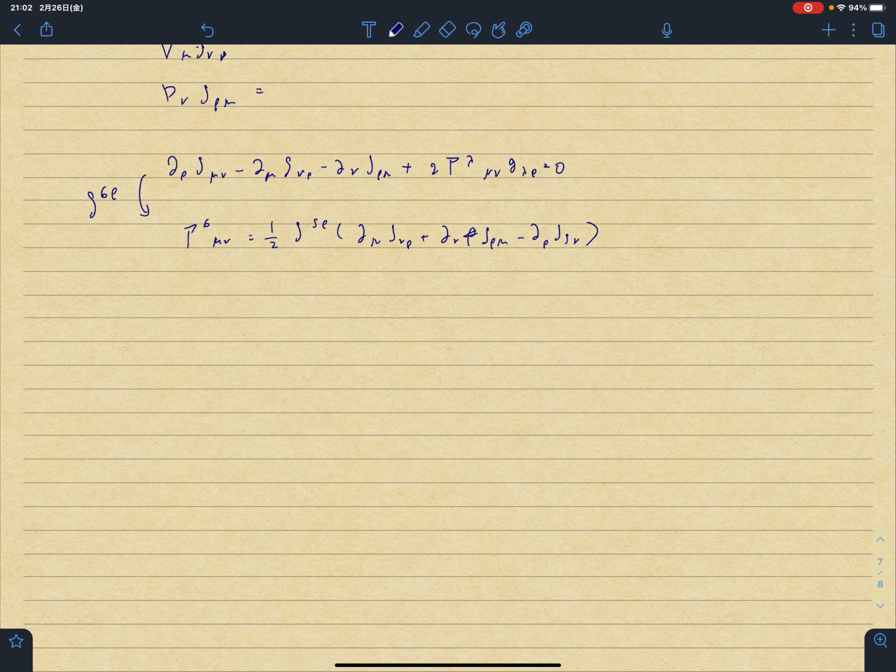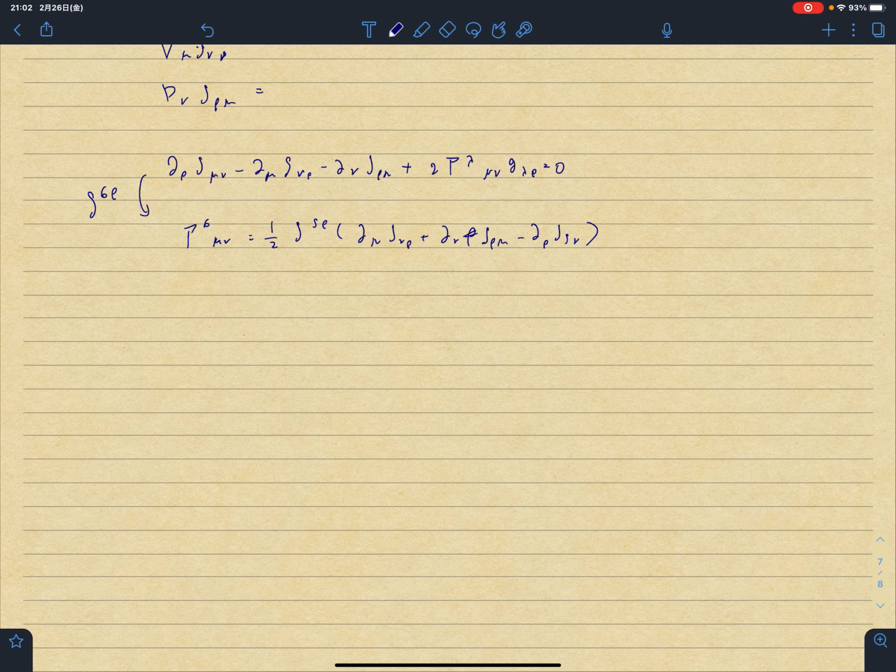The nonzero components of the inverse metric are readily found: g^rr equals 1, g^theta theta equals 1 over r squared. Using these we can compute a typical connection coefficient, gamma r r theta, so suddenly it vanished.